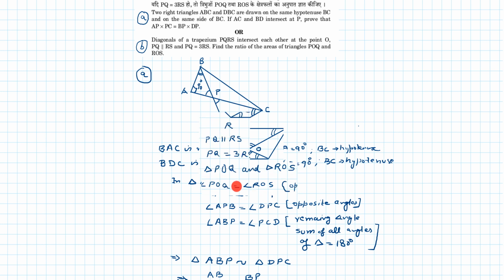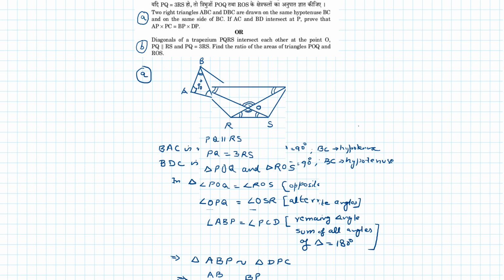Angle POQ is equal to ROS because these are opposite angles. Angle OPQ is equal to OSR because they are alternate angles. See, PQ is parallel to RS, that implies OPQ is equal to OSR because these two angles are alternate angles. Similarly, these two angles are alternate angles.